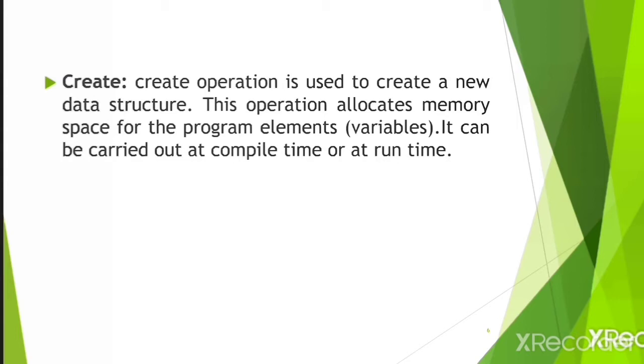If all the 53 chairs are allocated before I commence the class, then it is called compile time allocation. If all the memory that is required for the program is allocated before execution, it is called compile time memory allocation.